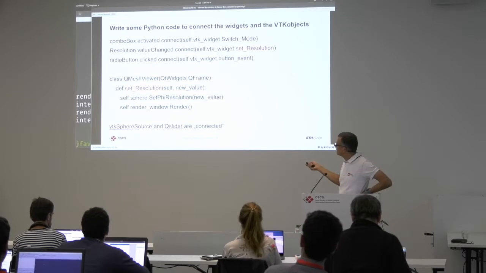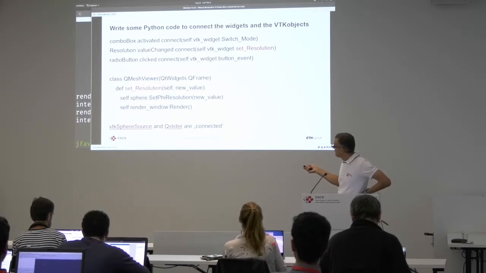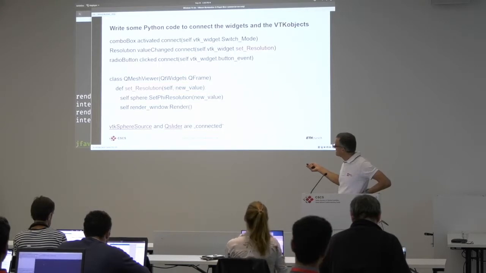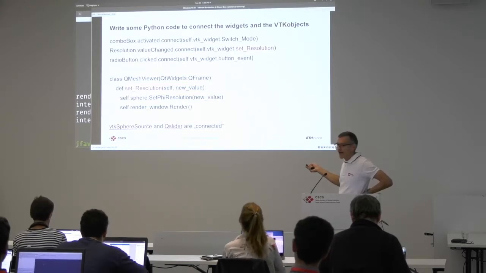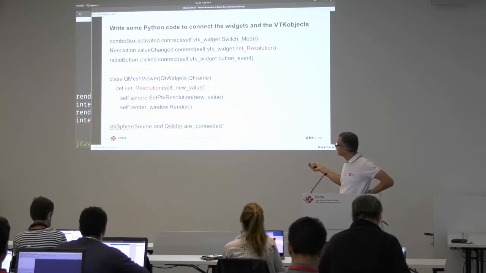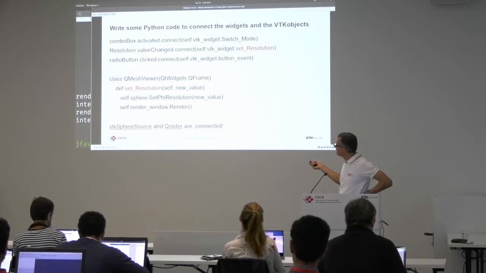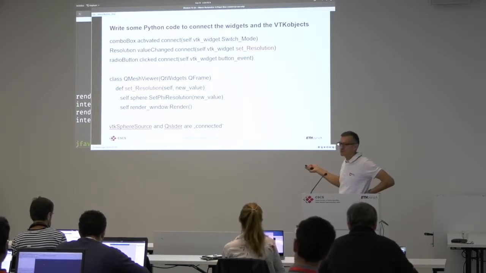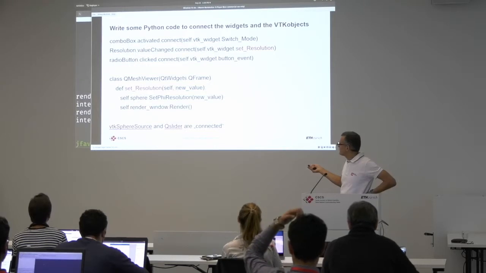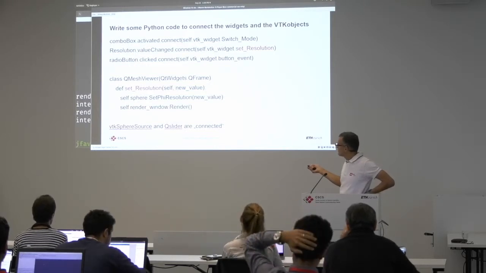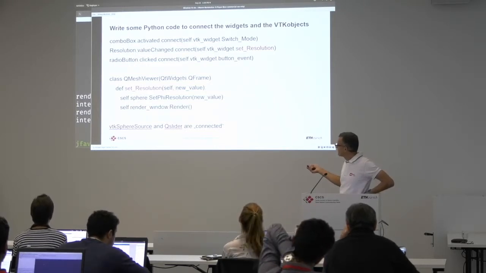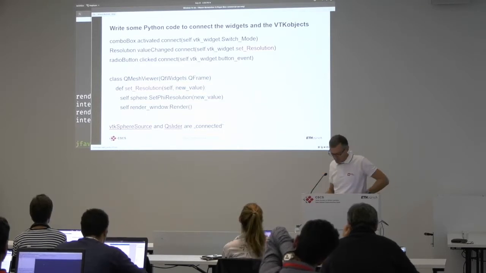And set resolution is nothing else than calling on the sphere object the method set file resolution with the new value coming from the widget. And then we trigger the rendering of the graphics again by calling render window render.